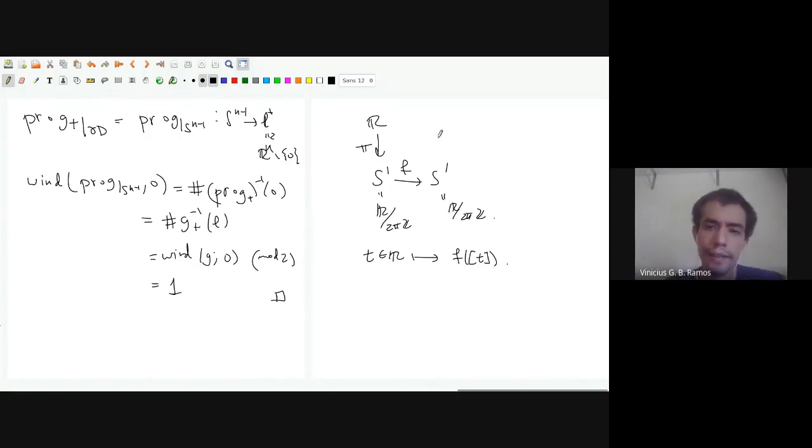And now the idea is, I want to find a lift from here to here. And this is always possible by the theory of covering spaces.